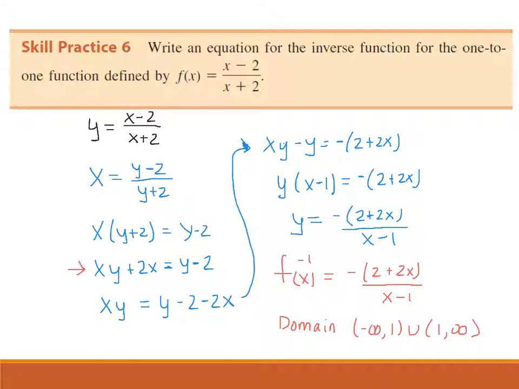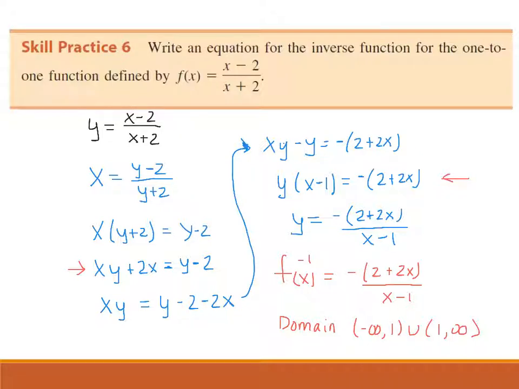We're going to bring the 2x over to the other side of the equation, so we get xy equals y minus 2 minus 2x. And now we're going to bring the y over to the other side, so we get xy minus y equals negative (2 plus 2x). I just took the negative out of both the 2 and the 2x.